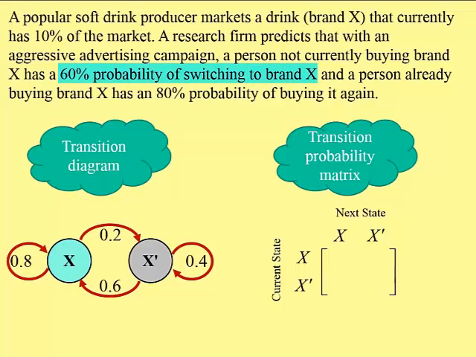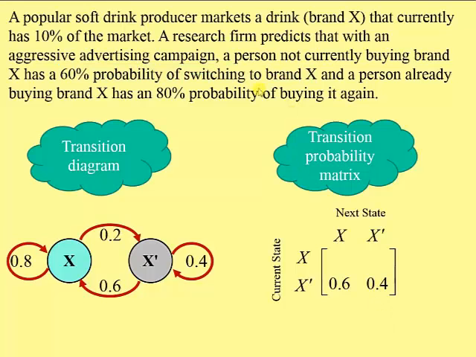The 60%, the ones that do not have X now but are switching to X, that would be this position. That means the ones that didn't buy X and kept on not buying X, which is this 40%, would go in this spot.